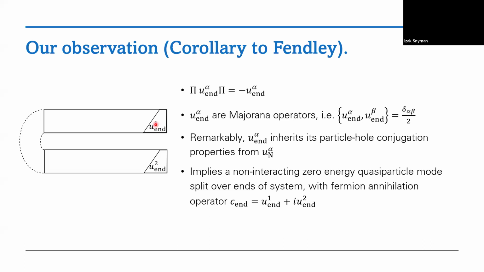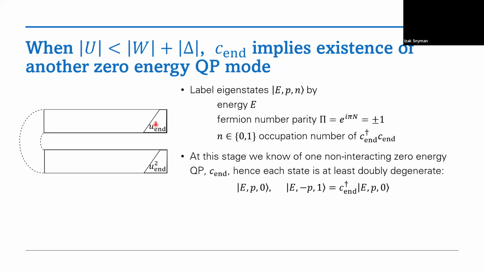Okay, now what about the other one? So this is my observation that the existence of this one at the end can be used to prove the existence of another. And this is how it works. So let's label our states by quantum numbers of energy, fermion number parity plus or minus one, and whether this end state is occupied.